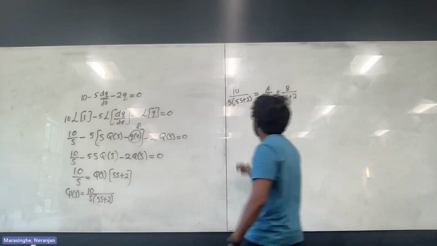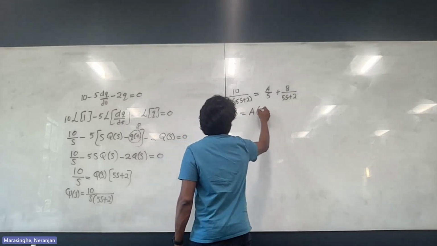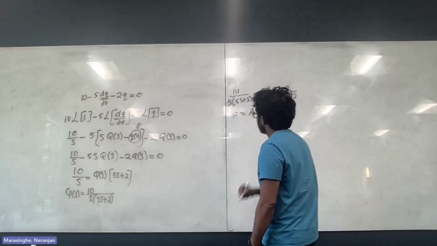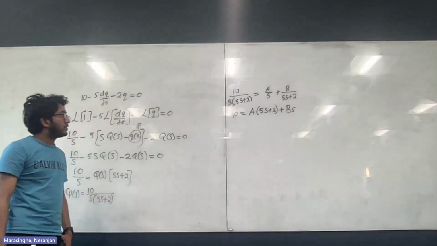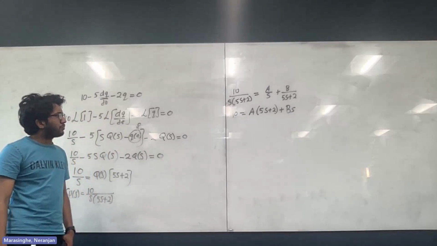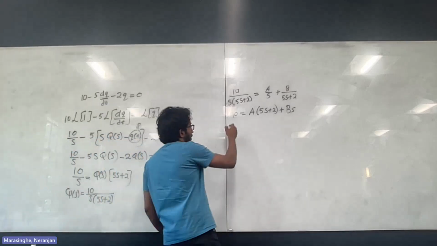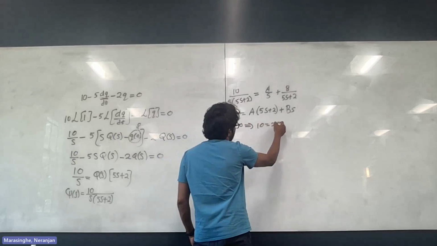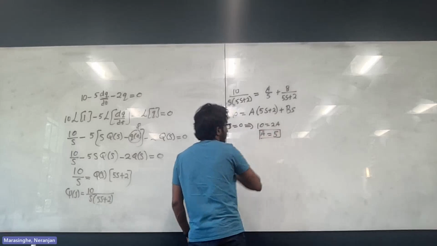So what would I get? 10 equals A times (5s plus 2) plus B times s. Then we can plug values or compare coefficients. Let's plug s equals 0. If I plug s equals 0, what would I get? 10 equals 2A, and that would give me A equals 5.